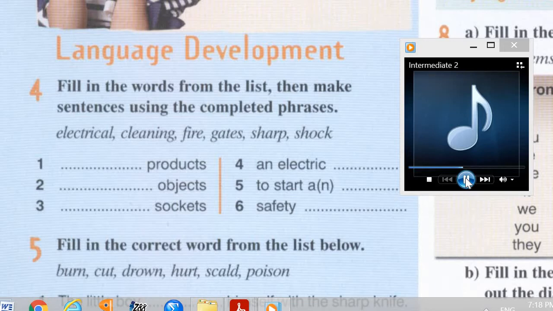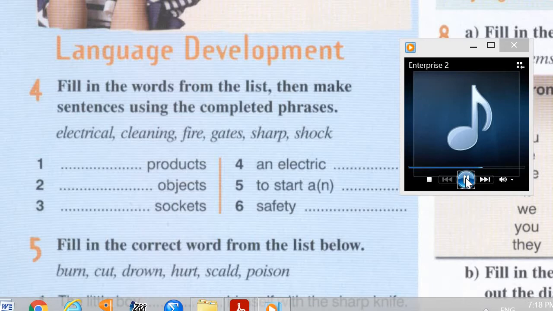Never allow your children to play with pots and pans on the stove. They could scald themselves. Make sure you cover electrical sockets when they are not in use. Your children could give themselves an electric shock. Never let your children play with matches.